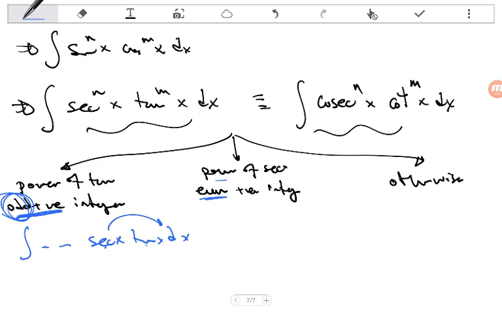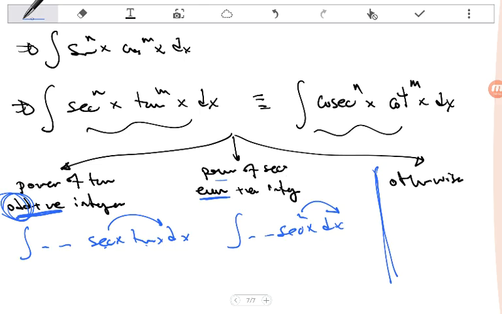When the power of sec is even, I just take sec squared after the d. I will treat the otherwise case afterwards, after studying these two. Okay, let's see examples of these two.